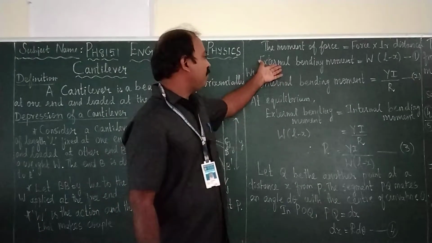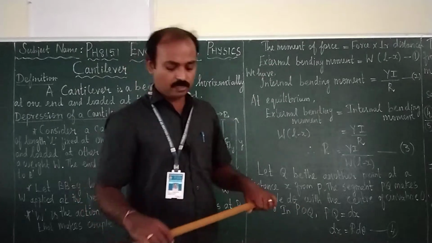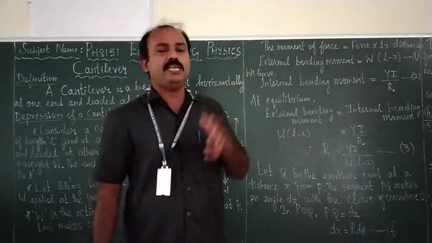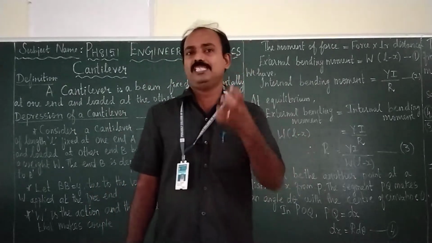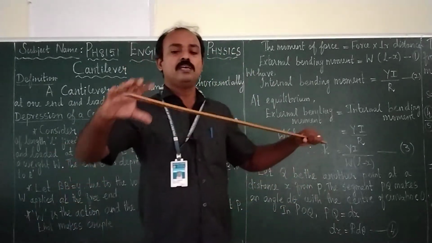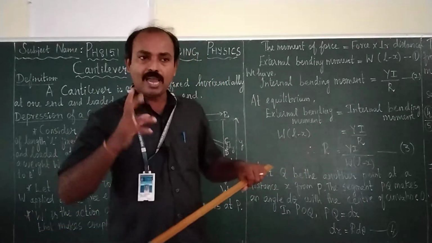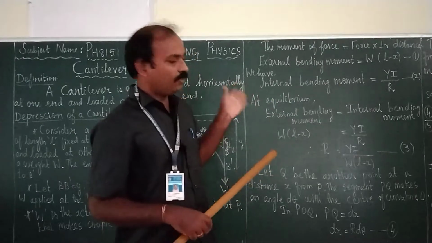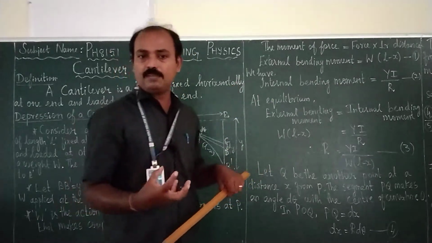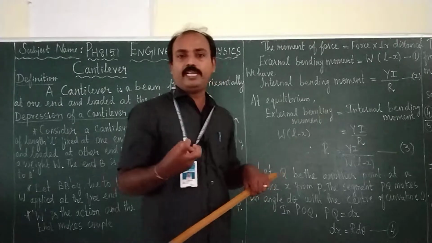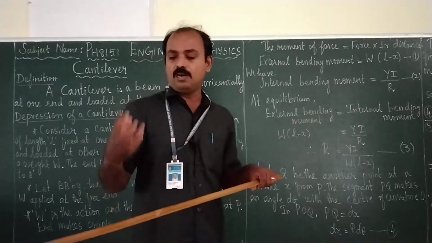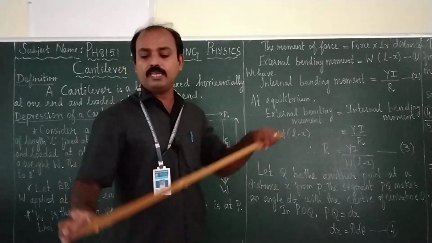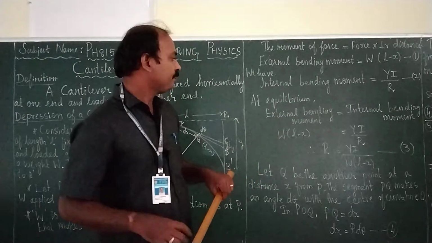So the external bending moment and internal bending moment are both known. Then at equilibrium, what is the meaning of equilibrium? Equilibrium is a position at which the internal bending moment of the beam balances the external bending moment produced by the application of load.